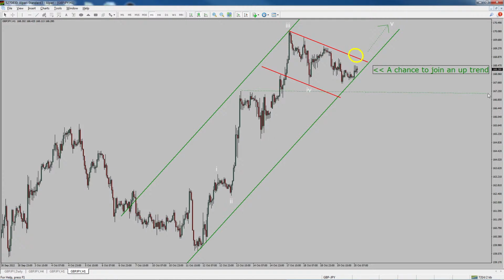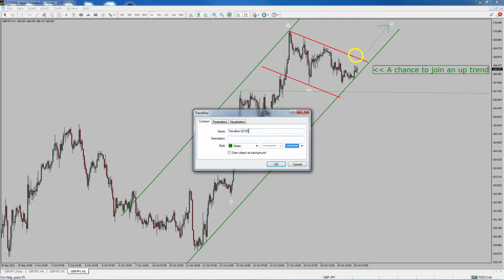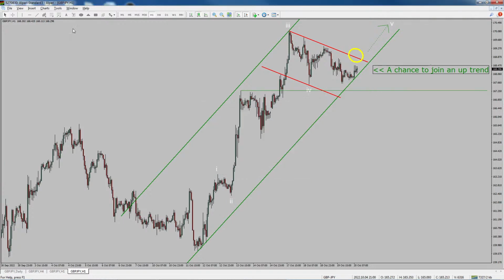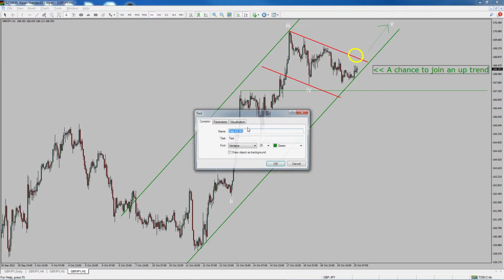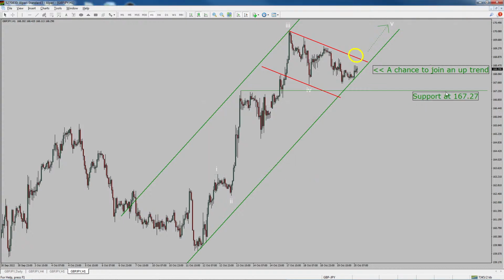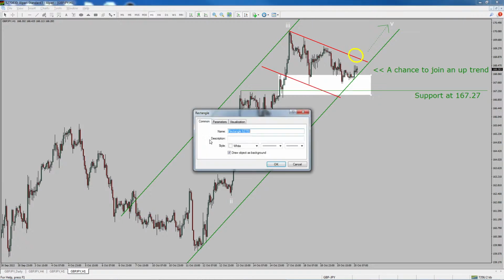So if price action breaks below the 167.27 support area, then obviously the uptrend is going to end, and this is the previous fourth wave scenario.